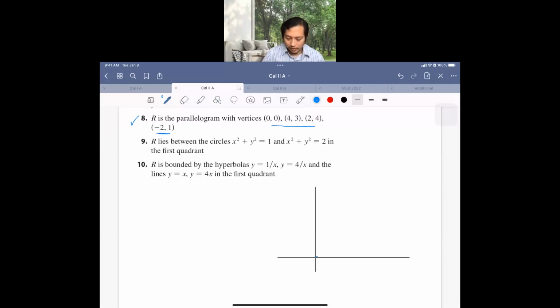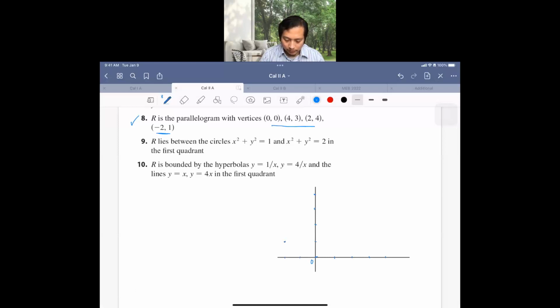Take 0, 0 here, 0, 1, 2, 3, 4, 1, 2, 3, 4, and then 1, 2.